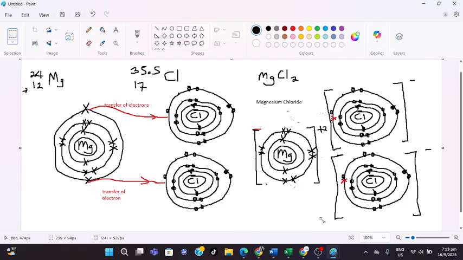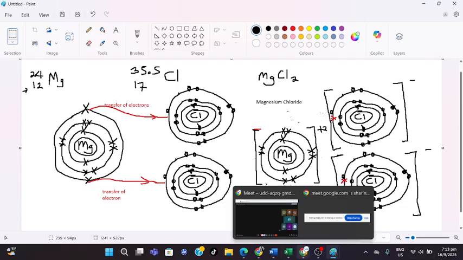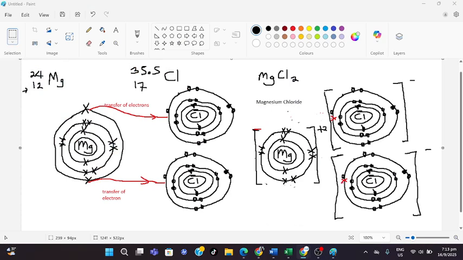When you interact with chlorine, you don't know if it's chlorine 37 or chlorine 35, so we just get an average. So the chlorine you're interacting with has an average mass of 35.5. Make sense? All right, take that down.